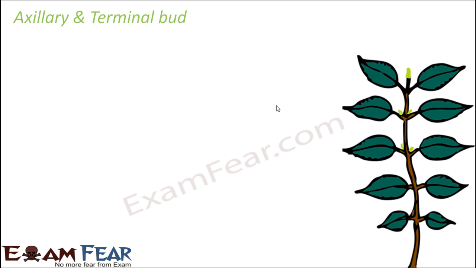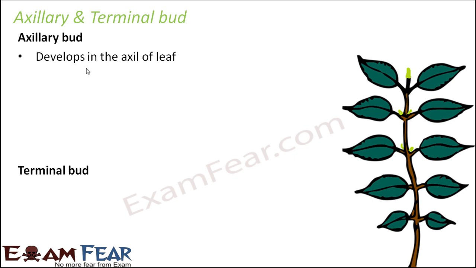Now, there are two types of bud which we will be talking about. One is axillary bud and the other one is terminal bud. So let us see what each of them is. When I say axillary bud and terminal bud, what do the names suggest? Axillary bud, the term axillary is derived from the word axil. So it is that bud which develops in the axil of a leaf.